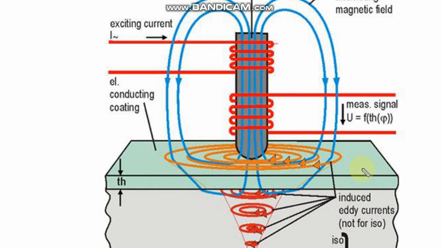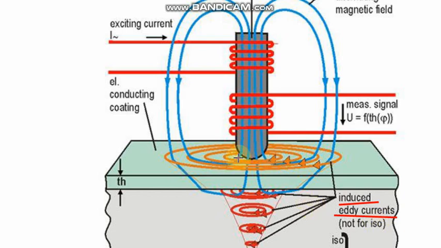So what is the concept of eddy current? Whenever an electromagnet generates magnetism due to electricity, and there is a conductor in contact with those lines of flux, some circulating conducting loops are generated, and these are known as induced eddy currents.